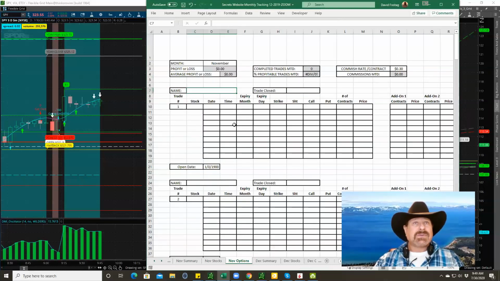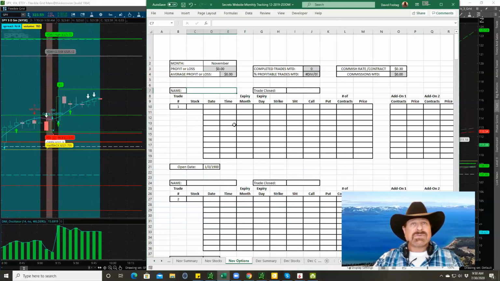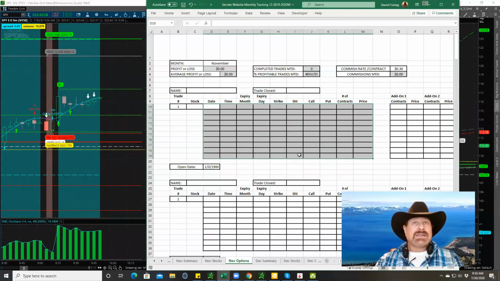I keep the name of the strategy, whether it was a bull call or a long put or whatever it is, whether the trade is open or closed, and then all the transactions I did getting into that position and then adding to it. Like if I do a butterfly, there'd be 3 different legs here, right?